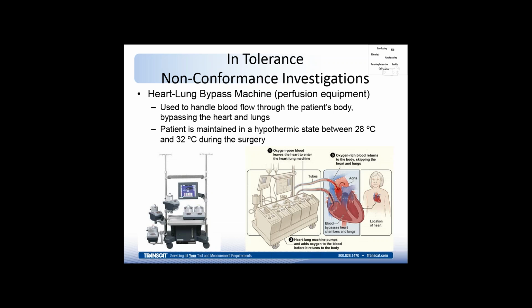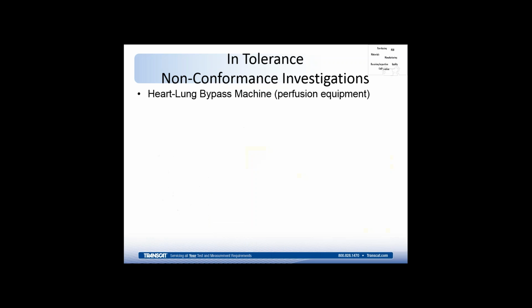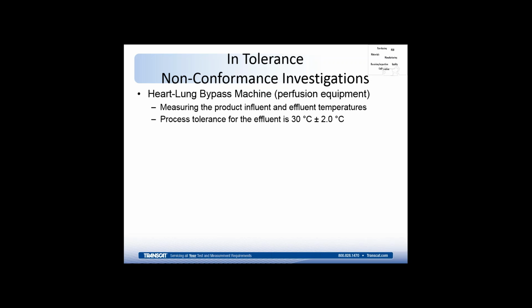The patient's body temperature is maintained at a hypothermic state between 28 and 32 degrees Celsius. Measuring influent and effluent temperatures in this process with the product. And the process tolerance for the effluent flow is 30 degrees C within 2 degrees. Again, 28 to 32.